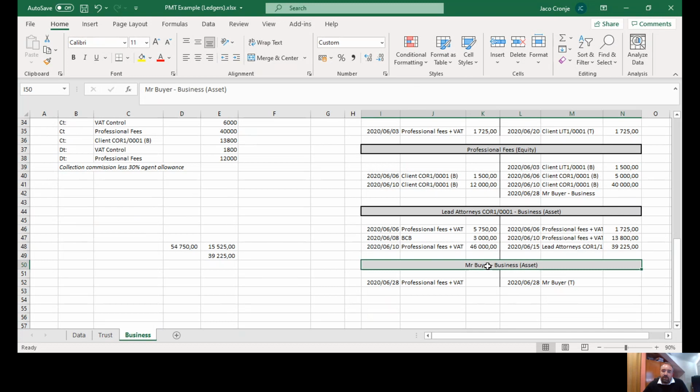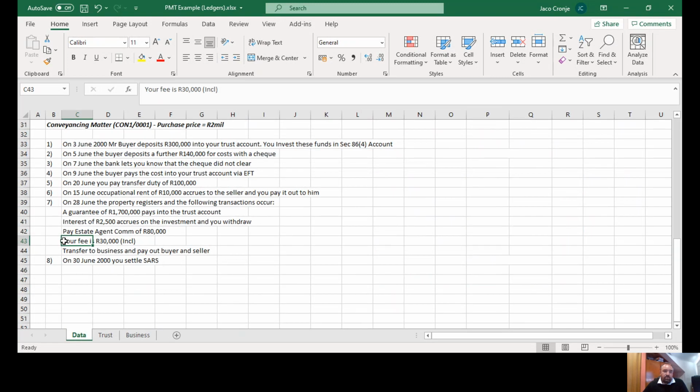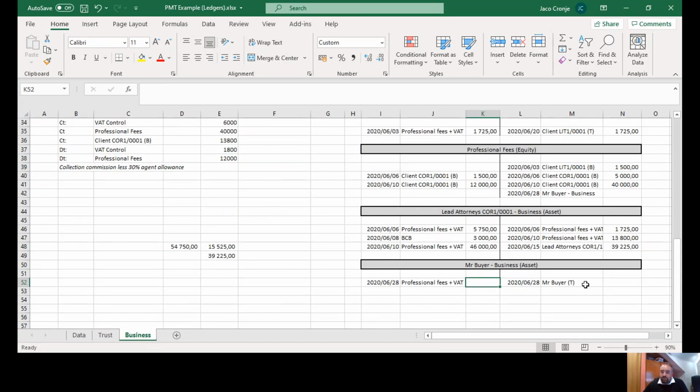So who pays it? Mr. Buyer has to pay my fee. How much does he owe me? He owes me the inclusive amount. So if we go to the data sheet, your fee is 30,000 rand inclusive of VAT. So that means I'm going to debit his account with 30,000 rand to show you owe me 30K.